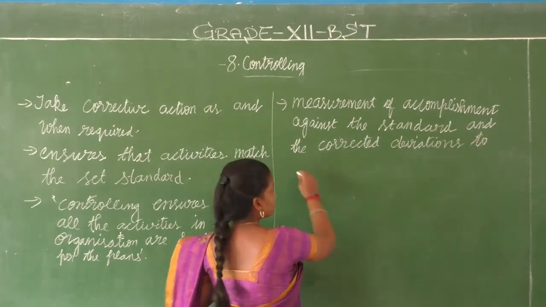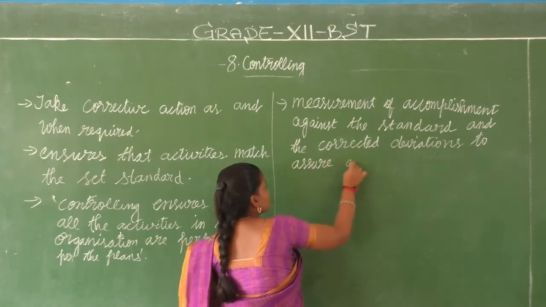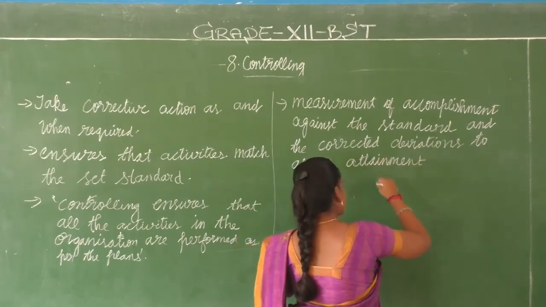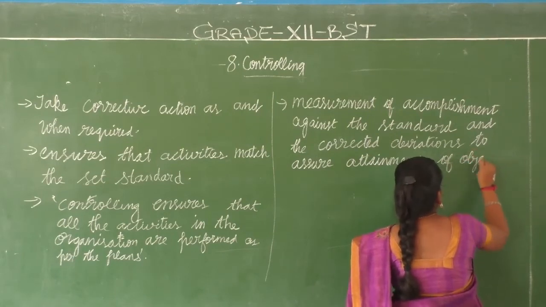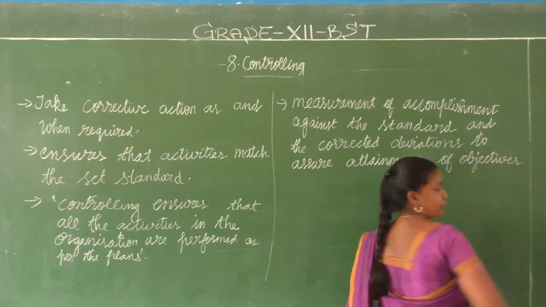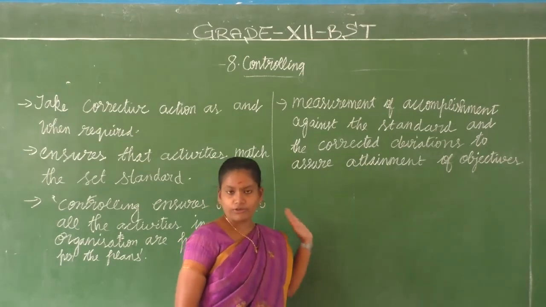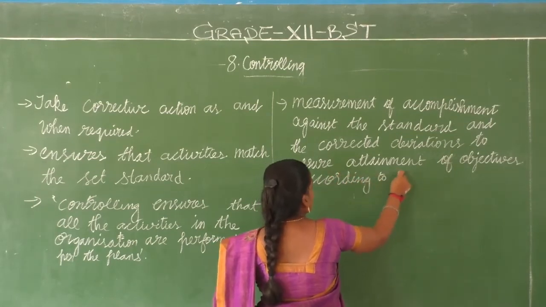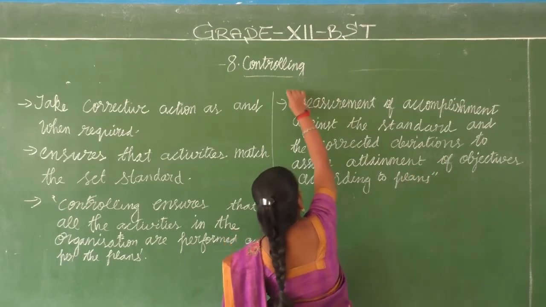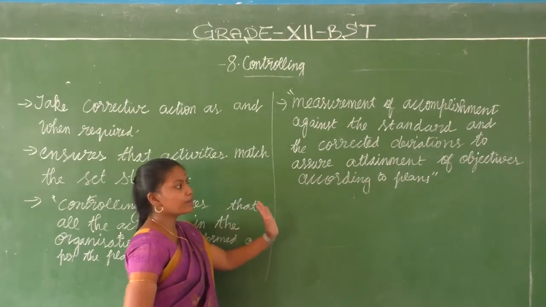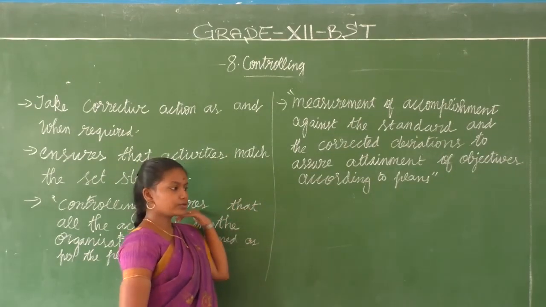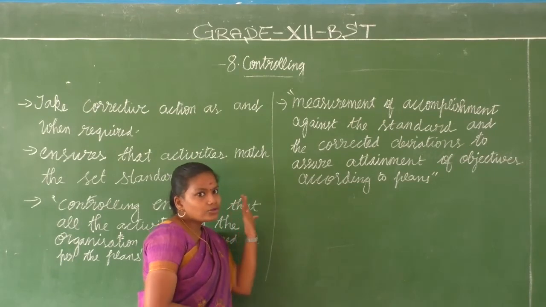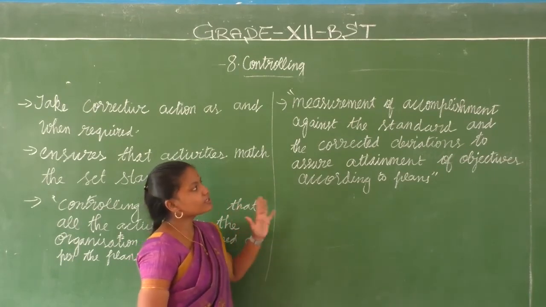What is it all about? It is about assuring attainment of objectives, okay, it is all about assuring attainment of objectives according to plans. நம்ம பண்ணி வச்சிருக்கிற பிளான் அட்டைன் பண்றதுக்கு, அதுல சொல்லிருக்கிற அப்ஜெக்டிவ்ஸ் அட்டைன் பண்றதுக்கு நம்ம செட் பண்ண ஸ்டாண்டர்ட்ஸ் அண்ட் அதுல இருந்து கொஞ்சம் டீவியேட் ஆன விஷயங்கள் எல்லாத்தையும் நம்மளால மேட்ச் பண்ண முடியுதா?